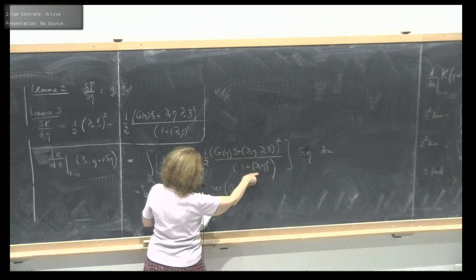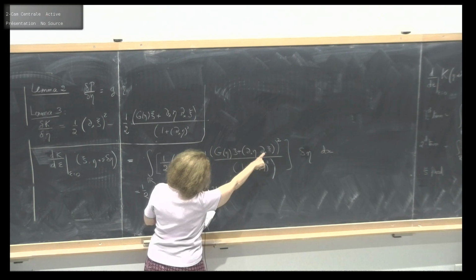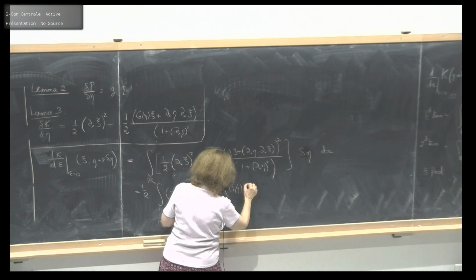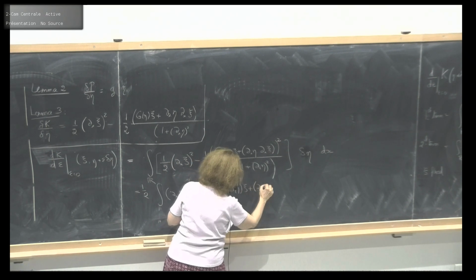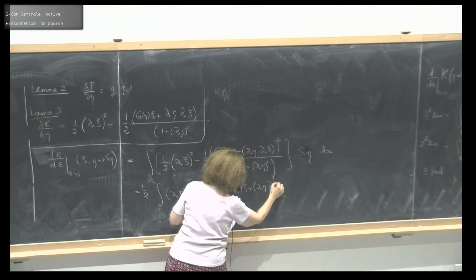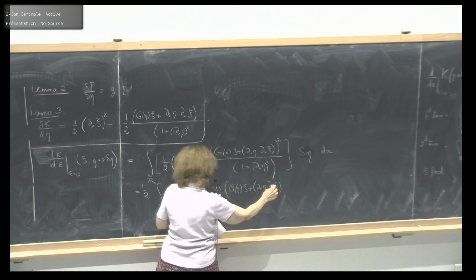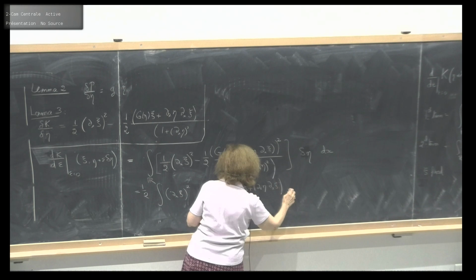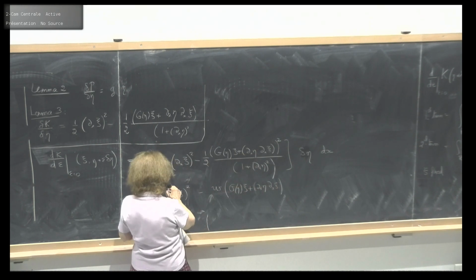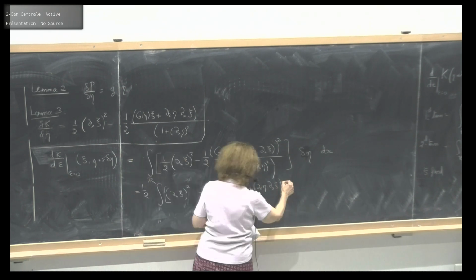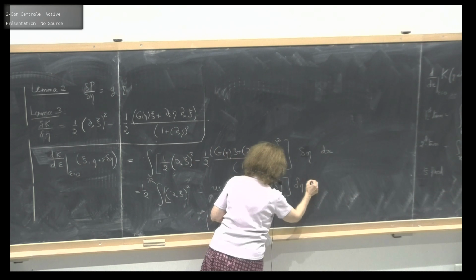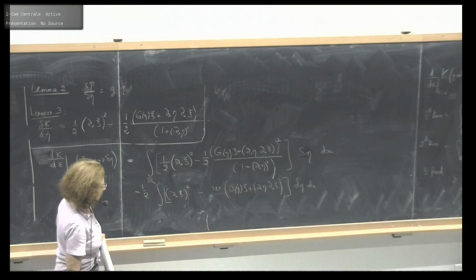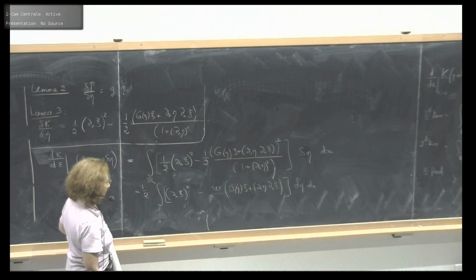I take one of these numerators, because there are two, and I replace it by W. If you see typos, just tell me, because it's very easy to make mistakes. Okay, so this is the formula. We have just replaced W by what it is.